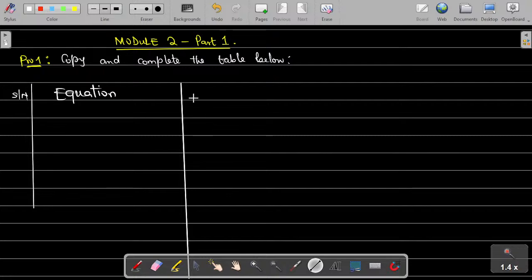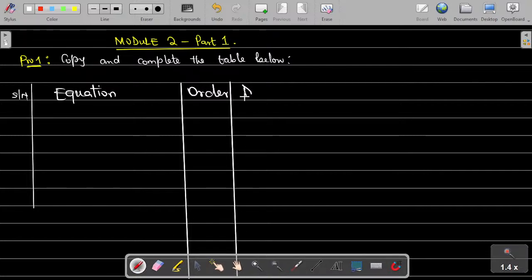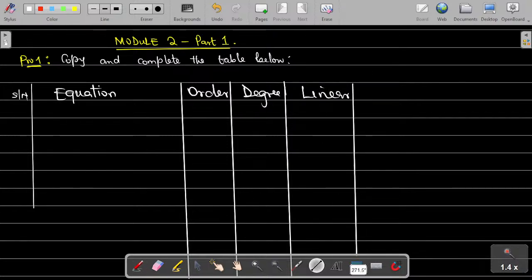After which we are giving order, and then after order we have degree, and then after degree we have linear, and then after linear we have homogeneous.